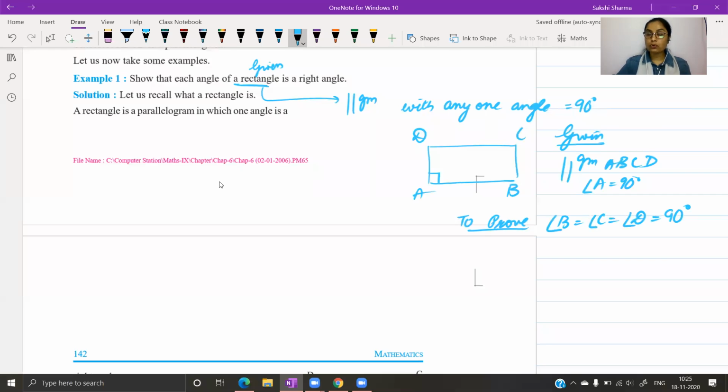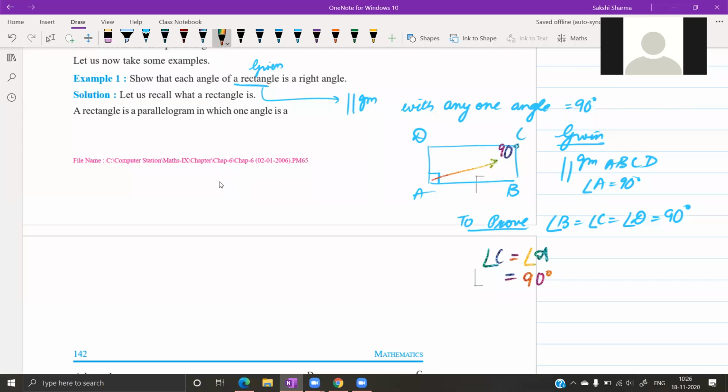Since it's a parallelogram, you can apply all the properties of a parallelogram that you have. First of all, we will use the property that the opposite angles of a parallelogram are equal. So angle A and C will be equal, which makes angle C equal to 90 degrees. And adjacent angles are supplementary. Yes, you could use that property. Angle A plus angle B will be 180.